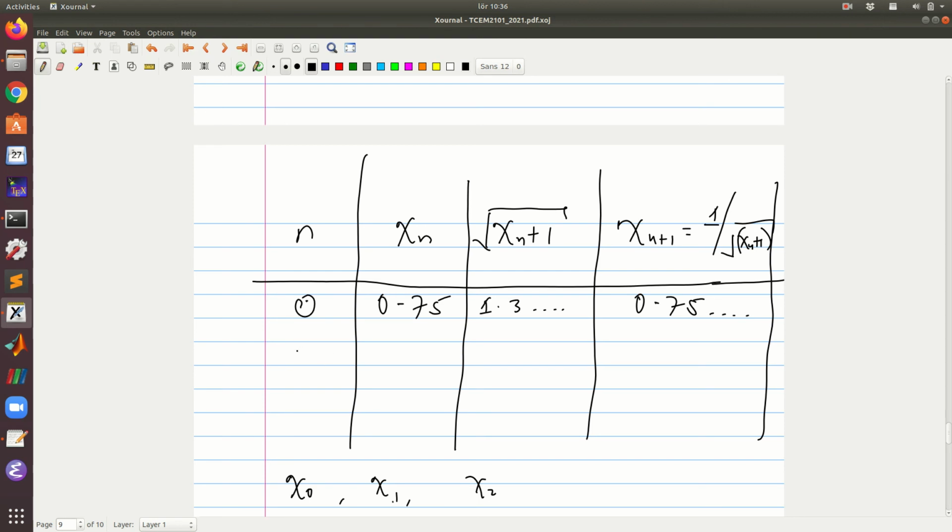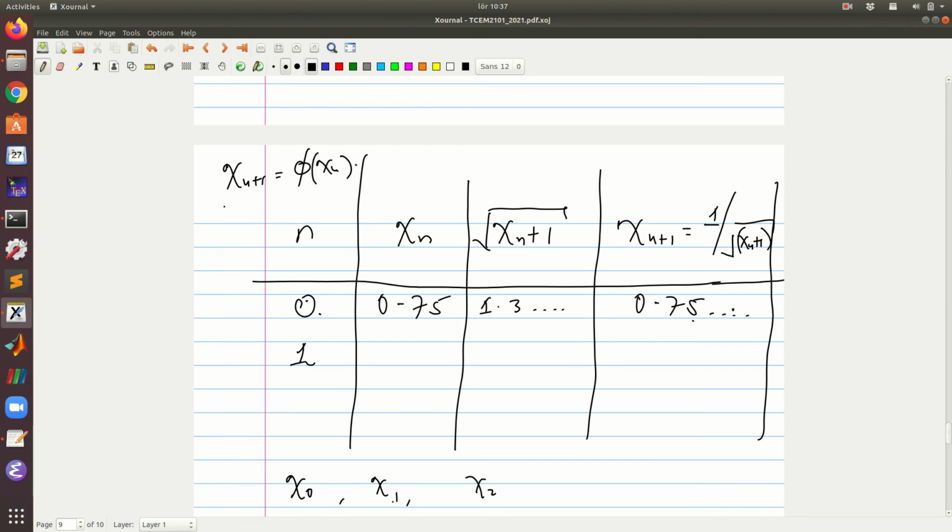So on our next iteration, when n is 1, we have x(n+1) equals a function of xn. When n is 0, we compute x1.